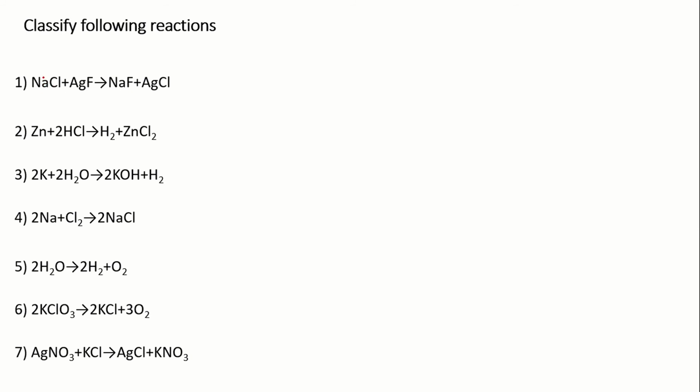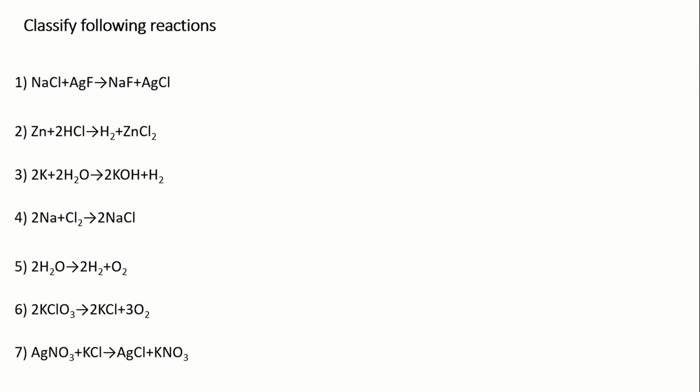The first one, examine the equation and see how things have been exchanged on the reactant side and the product side. Initially, you have sodium sitting with chlorine, silver sitting with fluorine. Now you can see sodium has taken fluorine and silver has taken chlorine.